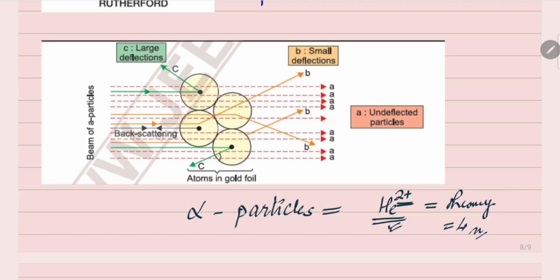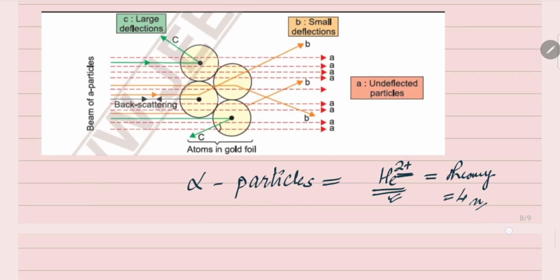From the electrical theory of charges, we know that same Coulombic charges repel each other and opposite charges attract each other. Similarly, negative charges repel each other.